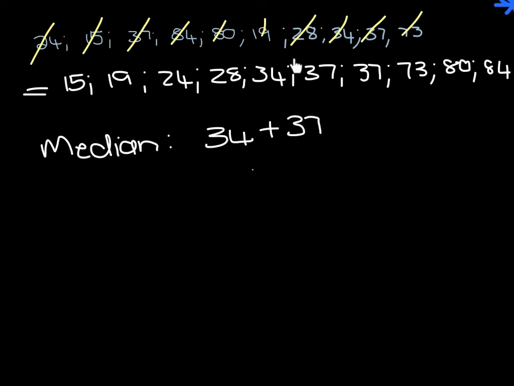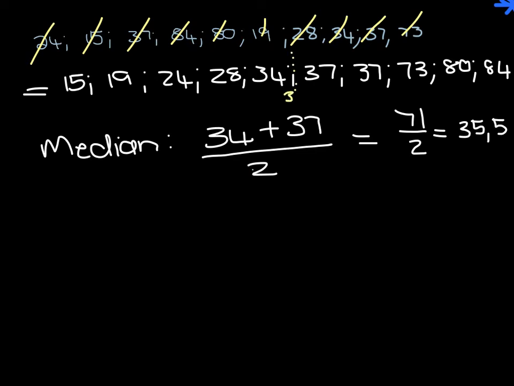And this 2 you divide by 2. This you'll find is 71 over 2. So your median here is 35 and a half. So here in between these two, at 35 and a half is the middle.